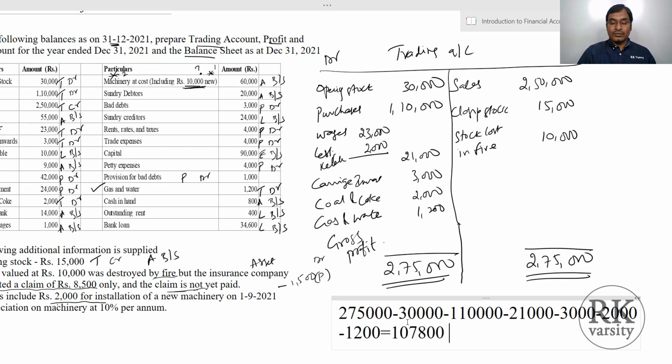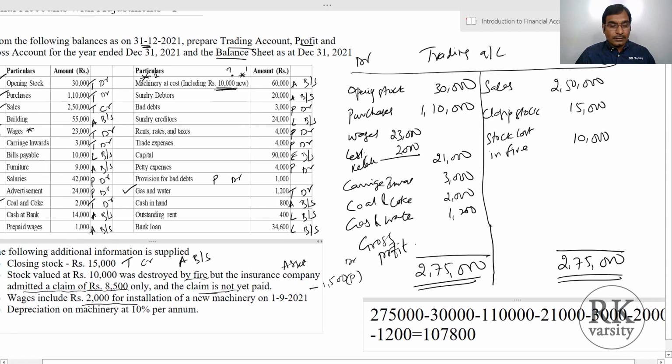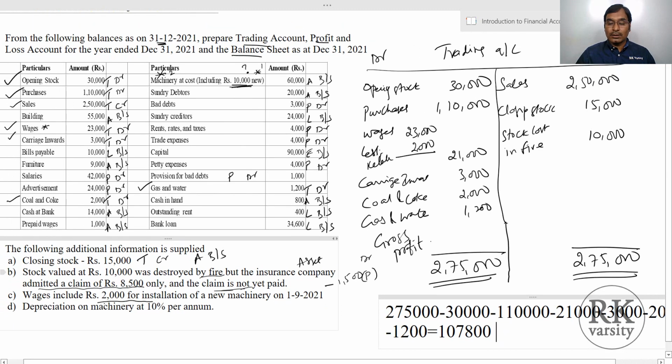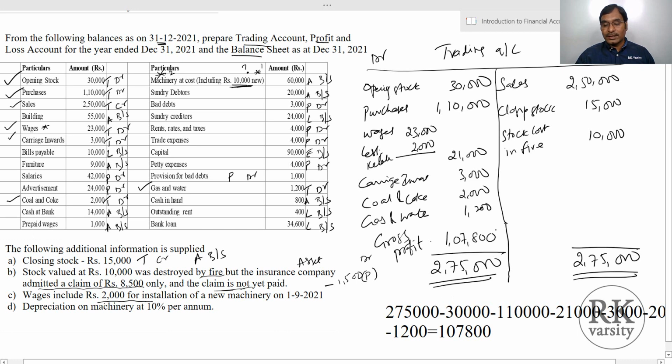So this gives you 1,07,800. So I guess we covered all. So yeah, 1,07,800 is your gross profit.